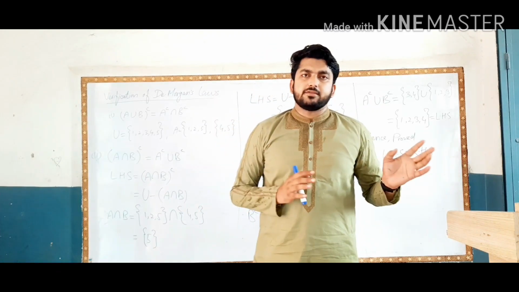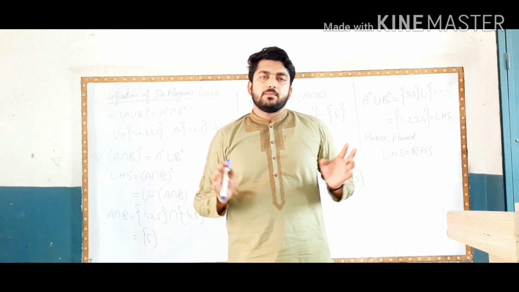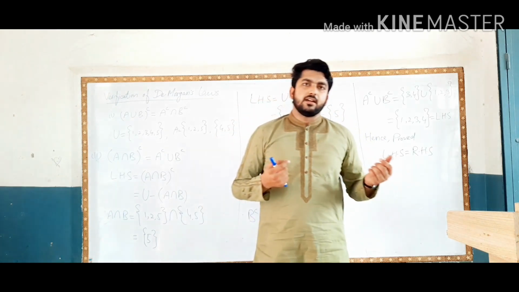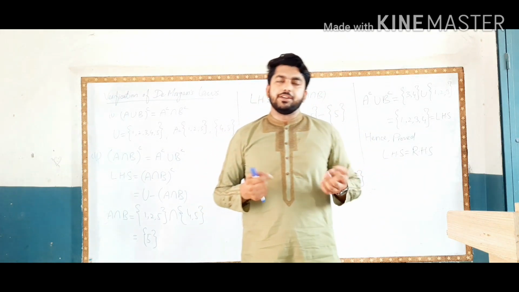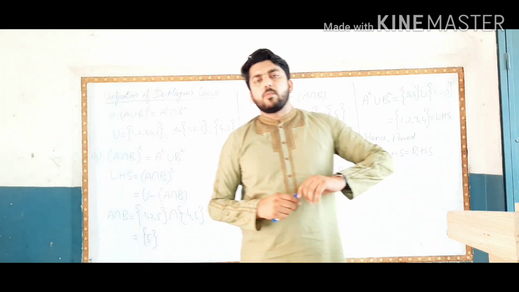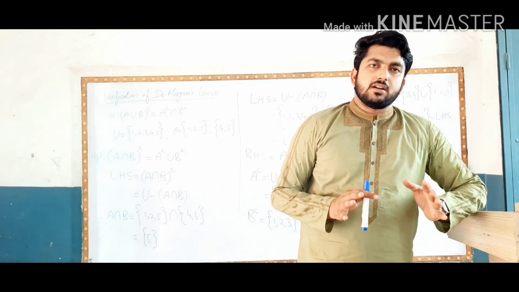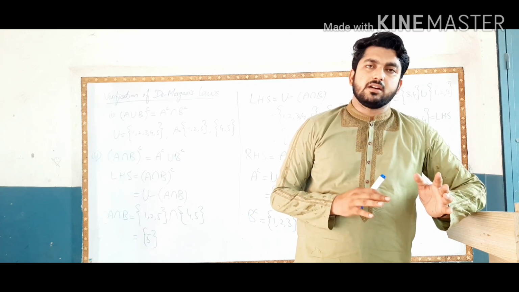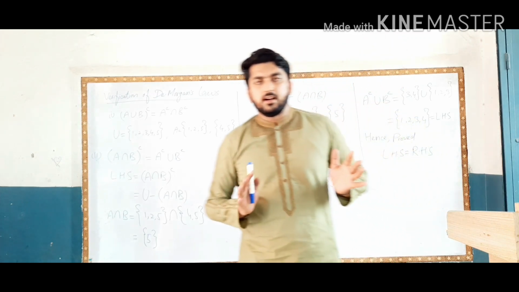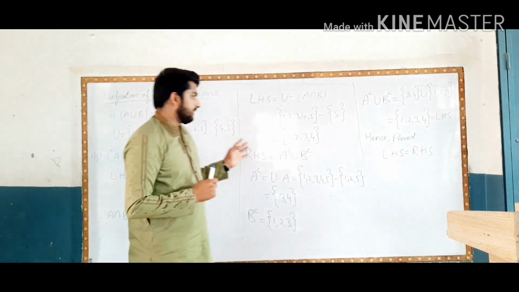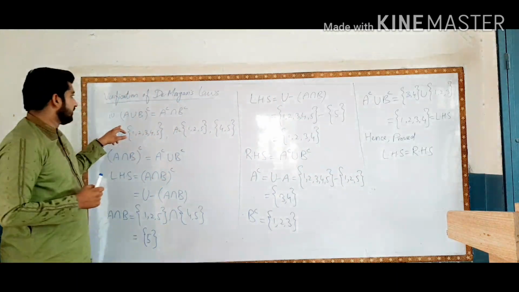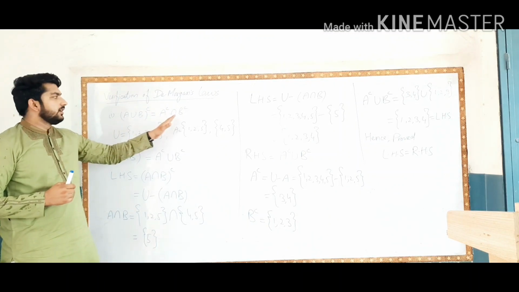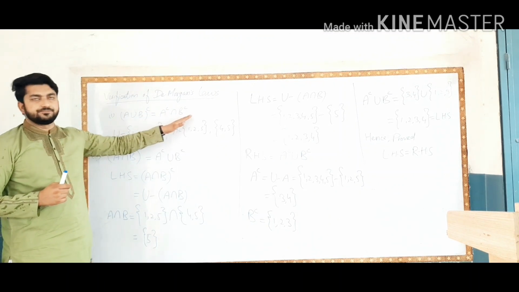So in this way we have proved that in De Morgan's laws, the left sides and right sides are all equal. I hope you have understood these De Morgan laws. There were two De Morgan laws and I proved them. The first law was A union B whole complement is equal to A complement intersection B complement.